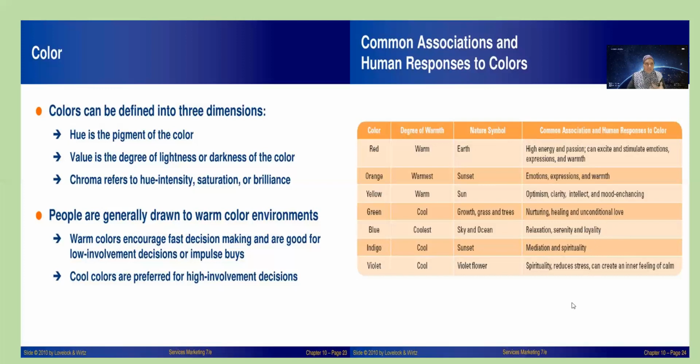Then you can know whether the color is suitable or not. You can associate the color with the area or the store that you visit.